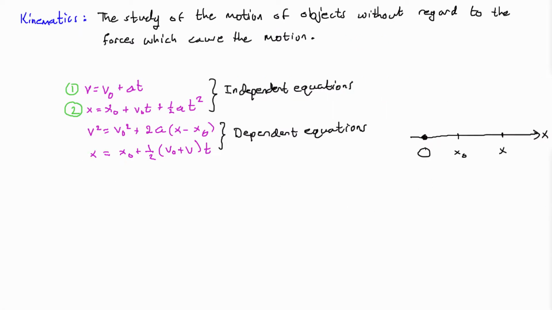So let's define them so that we're familiar with them. So V we'll say is final velocity, or you can say final speed. V0 is the initial velocity. What's x?